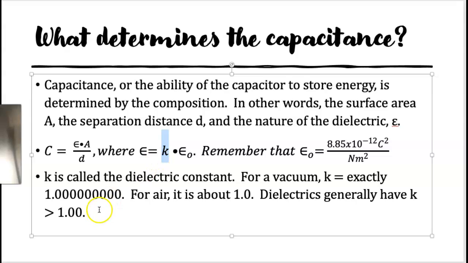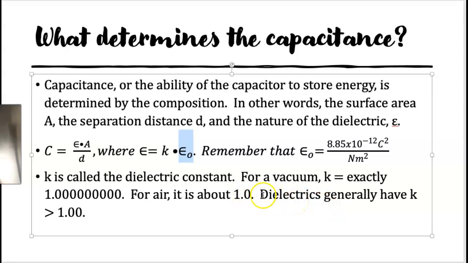K for a vacuum is exactly 1. I could have gone on with zeros. So when we say a vacuum, that's why we would use epsilon naught. That implies a vacuum. Air is close enough to 1 that we're going to treat air and a vacuum pretty much like they're the same thing, even though they're not really.